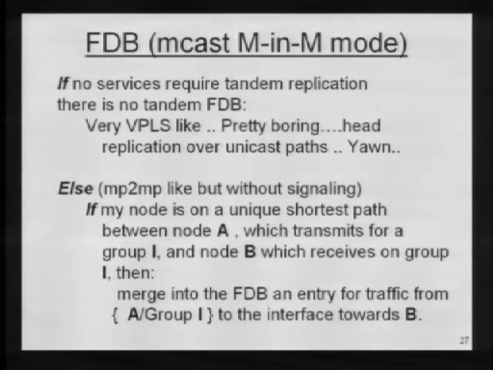I will actually merge forwarding state into the set of forwarding state for that multicast group to the interface towards B. So in other words, it's really just a question of replicating all the forking points in the shortest path tree. If I know what the shortest path tree looks like, the fork point in the shortest path tree is exactly the replication point for the nodes that are on that tree downstream of the transmitter.